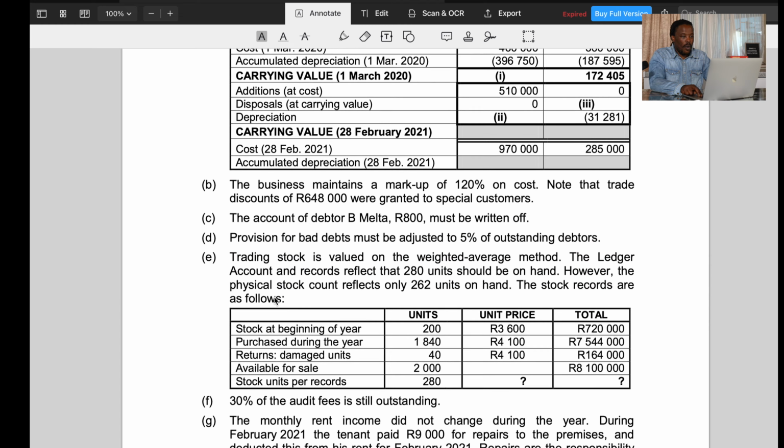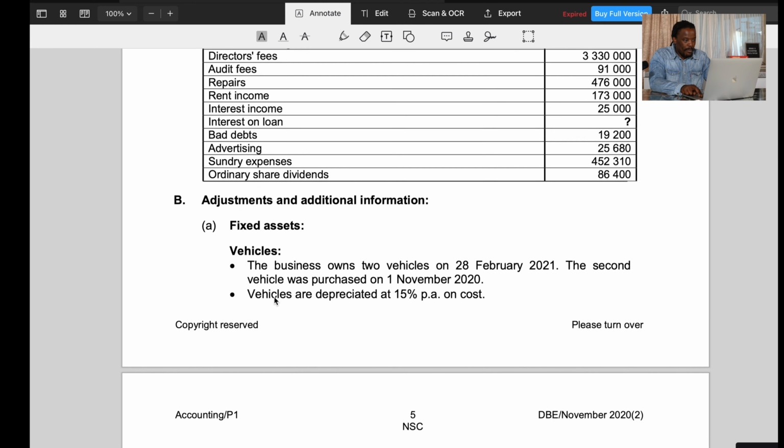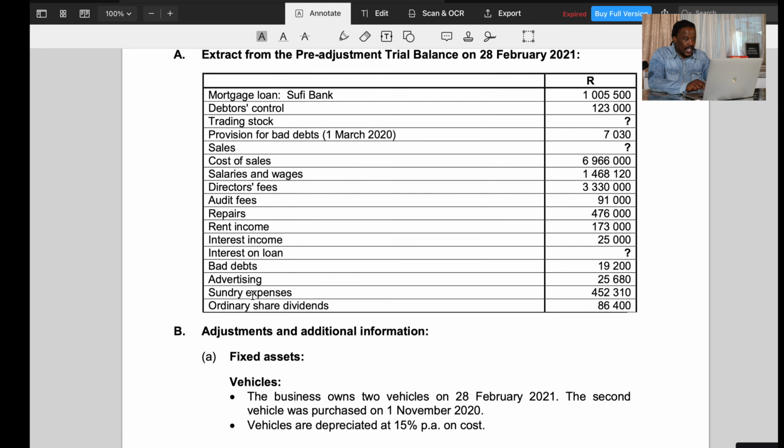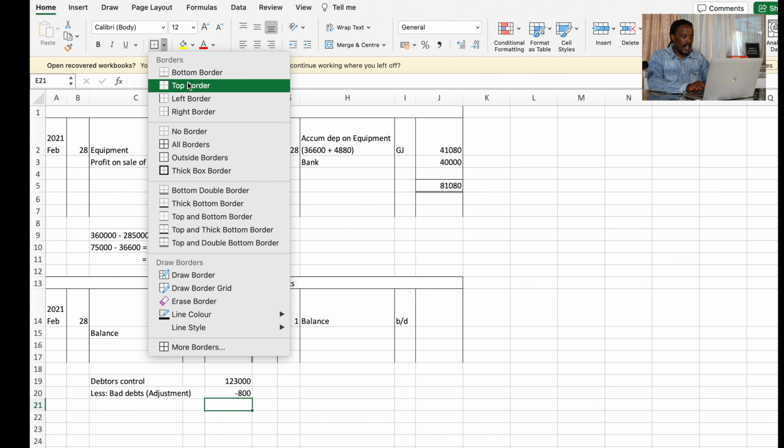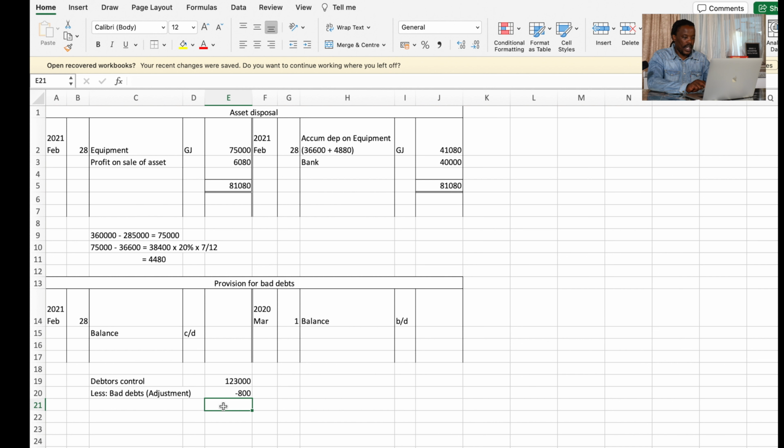How much is debtors control from the pre-adjustment trial balance? 123,000. Minus 800. Remember that 800 bad debts. And then that's the only time you can get 122,200.